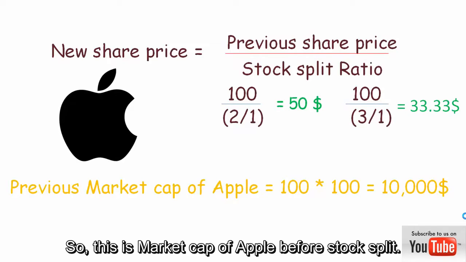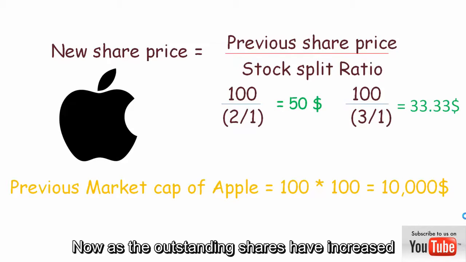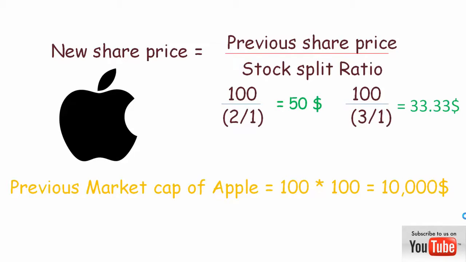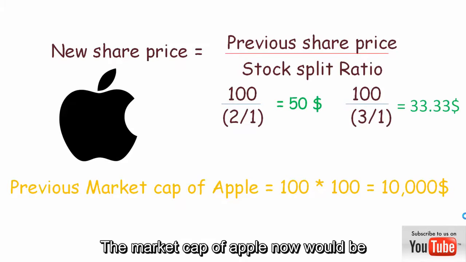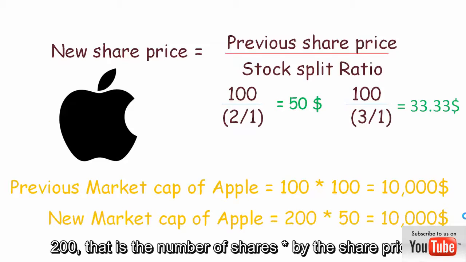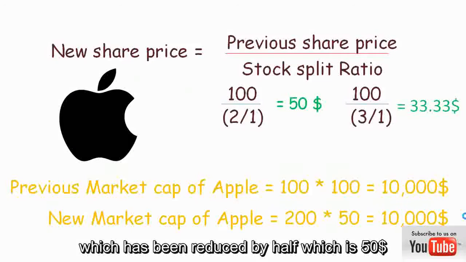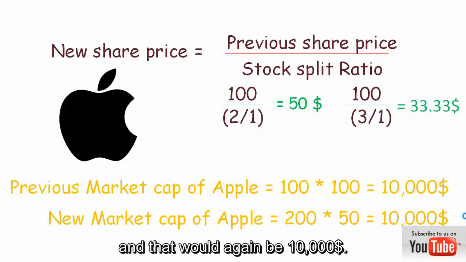So this is the market cap of Apple before the stock split. Now, as the outstanding number of shares of the company has increased, the market cap of Apple now would be 200, that is the number of shares, multiplied by the share price, which has been reduced by half, which is $50, and that would again be $10,000.